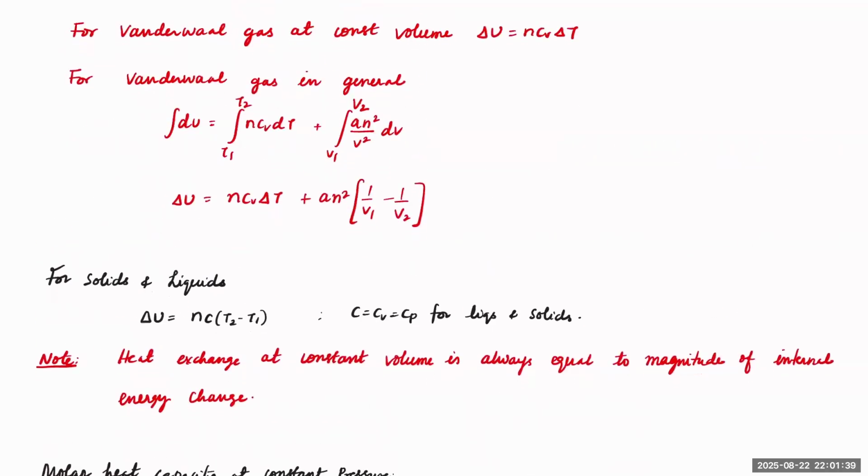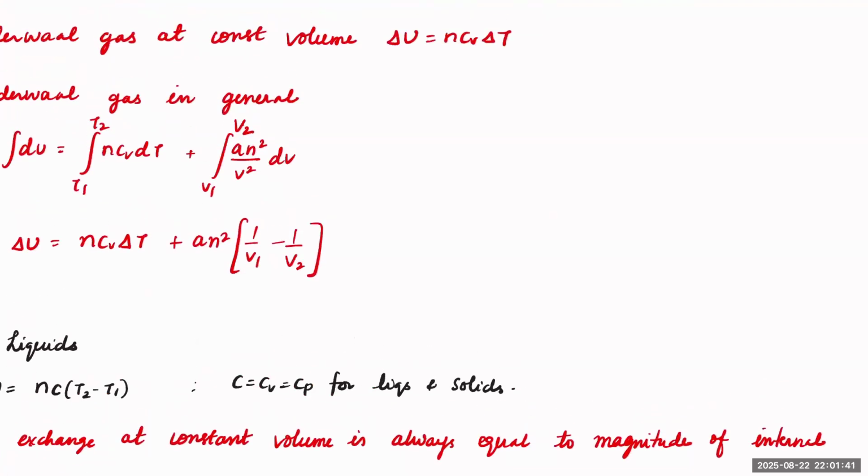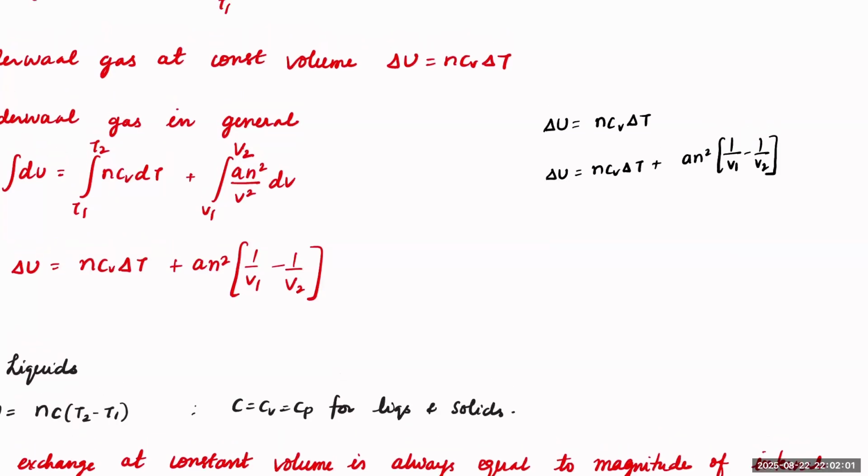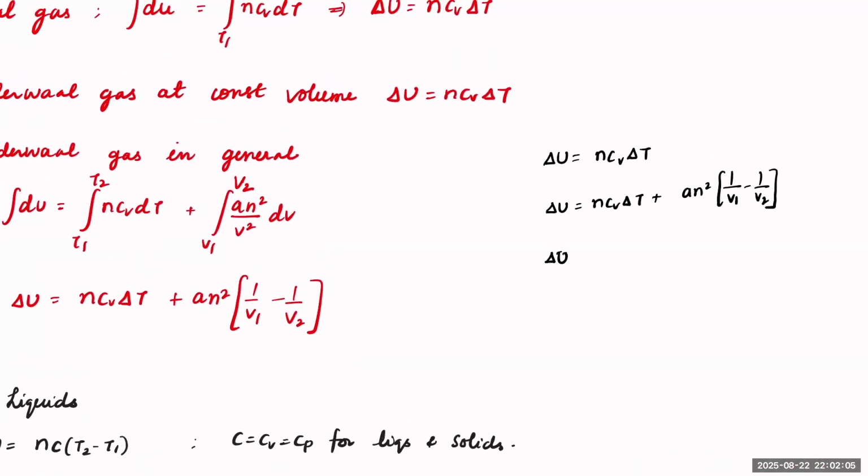Now, we learned one thing that for an ideal gas, delta U is equal to nCv delta T. For real gas, it is nCv delta T plus a n square into (1/V1 minus 1/V2). This is the factor we learned. What about liquids?